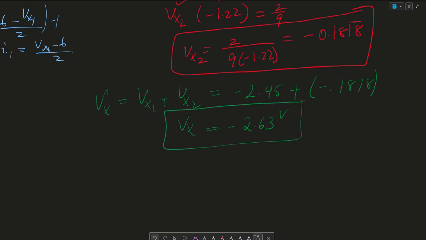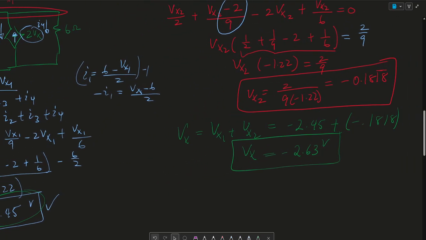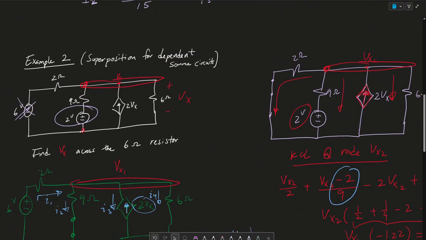And again, we can prove this. If you're unsure, or if this doesn't satisfy you, you could go ahead and solve for this Vx, and don't short circuit any of the power supplies.